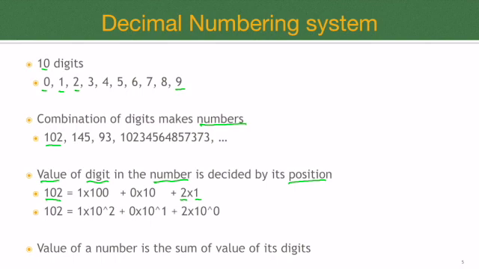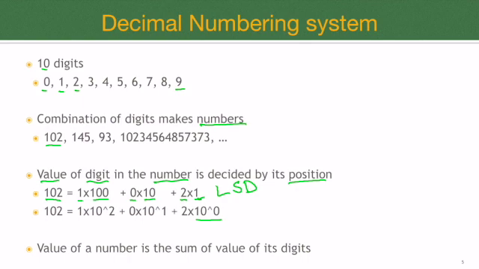The value of digit 0 is 10 and the value of digit 1 is 100. How do we get these values? The least significant digit here is 2 and its value is always 1, which is actually coming from 10 raised to the power 0.